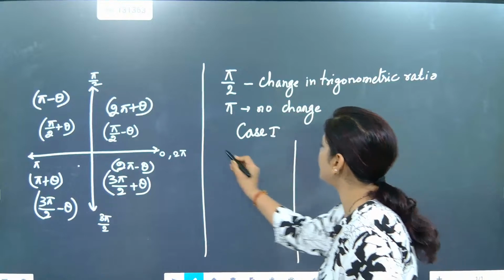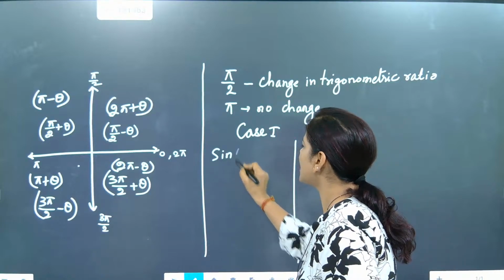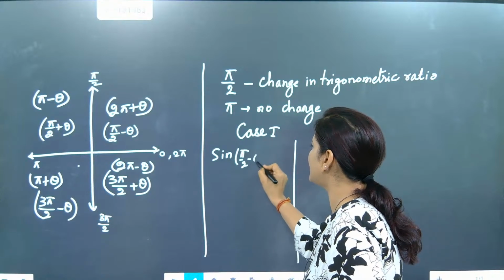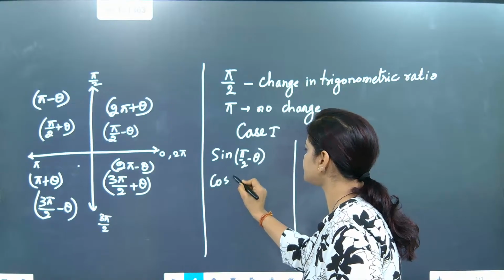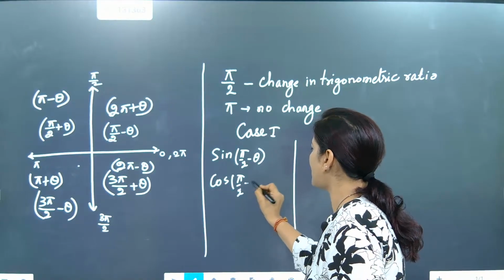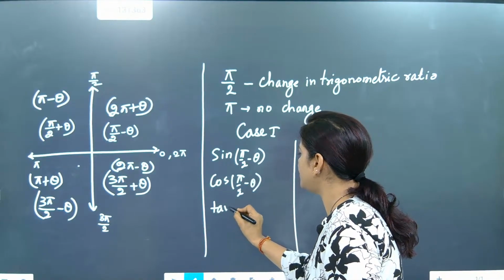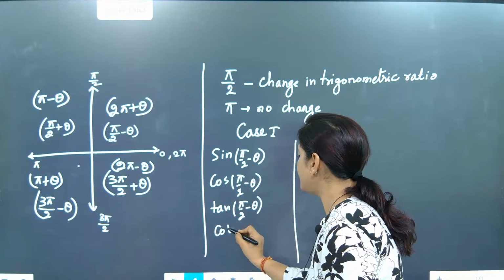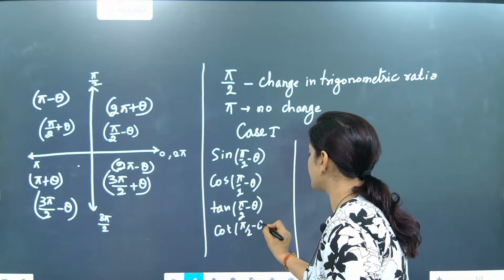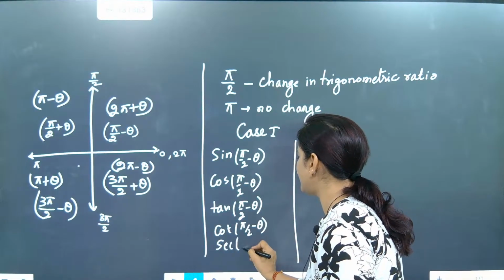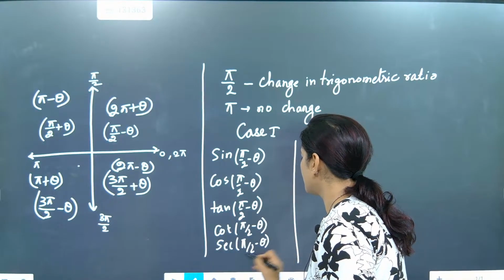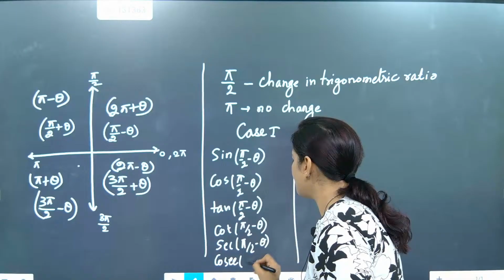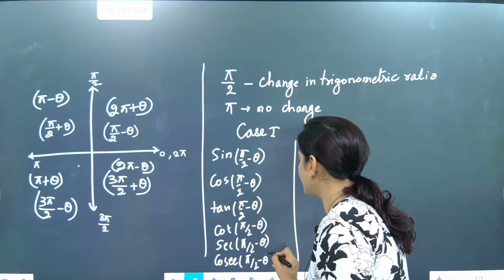So let's work for it. If somebody will write sine of pi by 2 minus theta, cos of pi by 2 minus theta, tan of pi by 2 minus theta, cot of pi by 2 minus theta, secant of pi by 2 minus theta, and cosecant of pi by 2 minus theta, then what will happen?